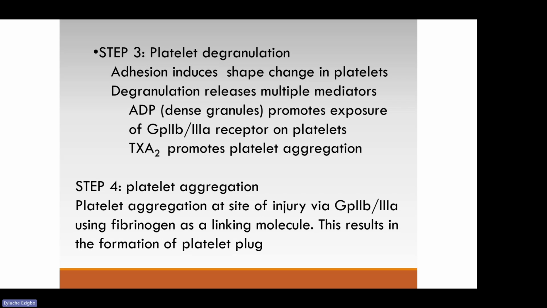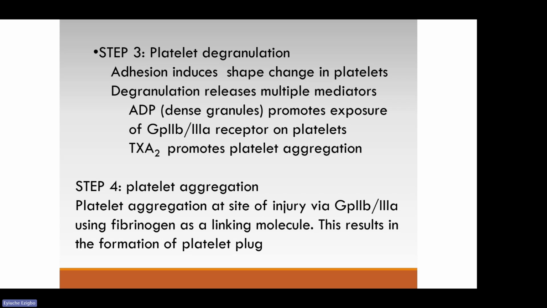The ADP is stored in the dense granules of the platelets, and what it does is promote exposure of glycoprotein 2b3a receptors on platelets. The degranulation also releases thromboxane A2 that promotes platelet aggregation. So the activation of platelets causes the release of the dense granules, which contain ADP.